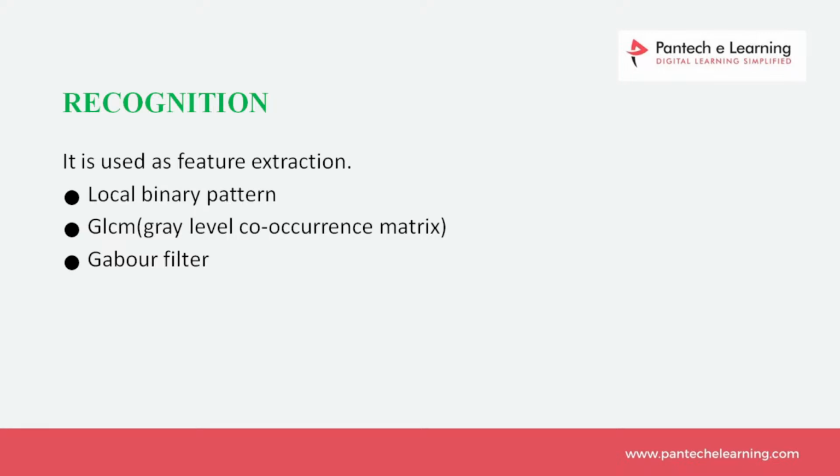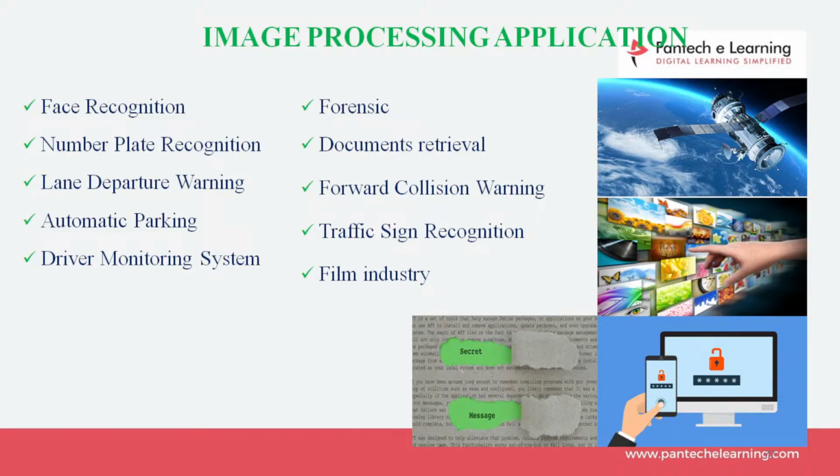Apart from that, we have so many techniques in image processing. Here you can see image processing applications. Face recognition is used in your mobiles: if you open the camera to identify faces or take pictures in your mobile, that is face recognition. For forensic purposes, you can take the databases and identify based on forensic applications.